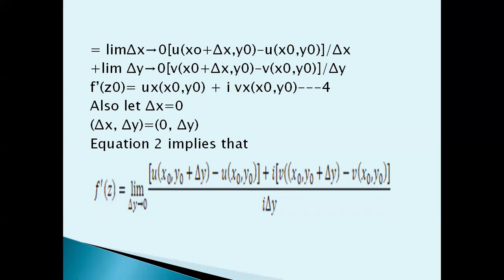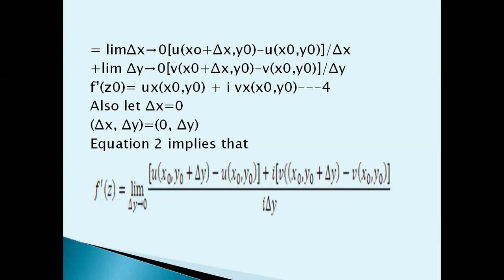Okay, next we take Δx tends to 0. First we take Δy tends to 0 with Δx constant. Next we take Δy constant and Δx as 0. So in the f'(z) numerator part, wherever Δx is present, that value is taken as 0.